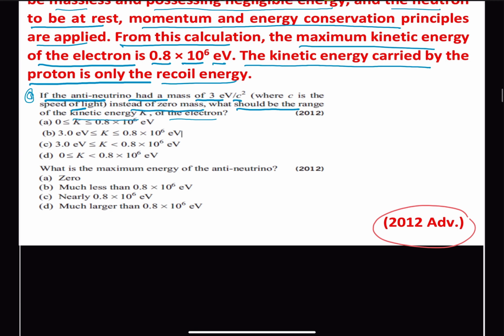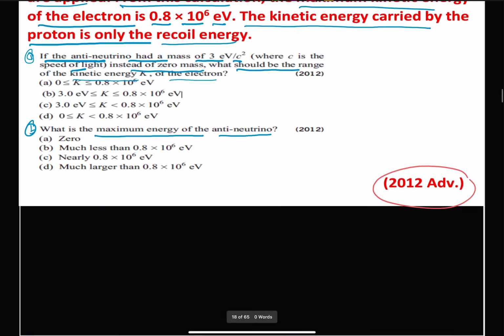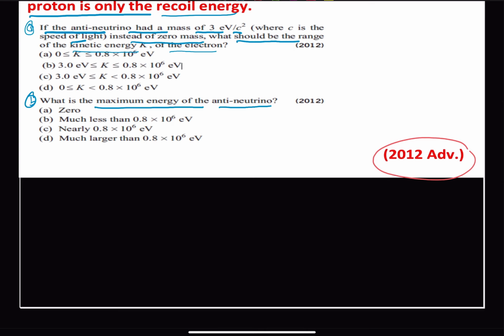And part B, what is the maximum energy of the antineutrino? Okay, so first case, it says that the antineutrino has a mass. So we have to find out the range of the kinetic energy. So we start with part A.